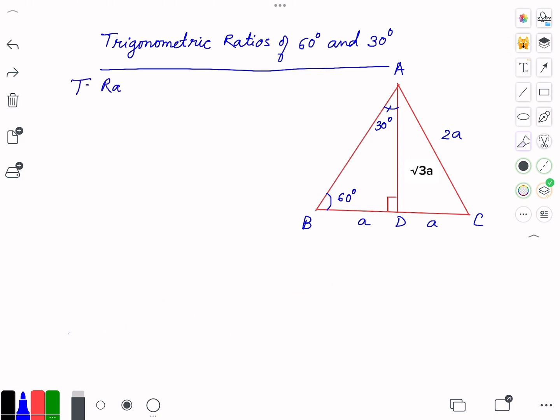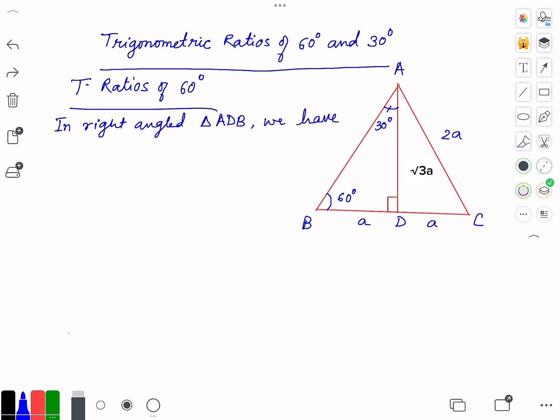Now let us first find out the T ratios of angle 60 degrees. Now in the right angle triangle ADB, we can see that the base is BD, which is equal to a, and perpendicular is AD, which is equal to root 3a.